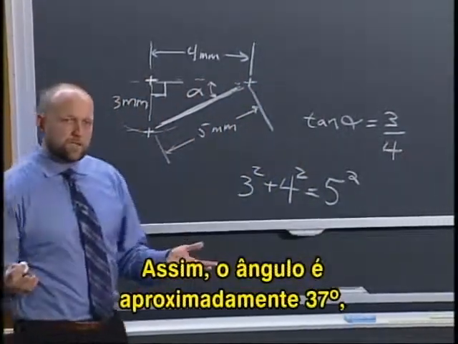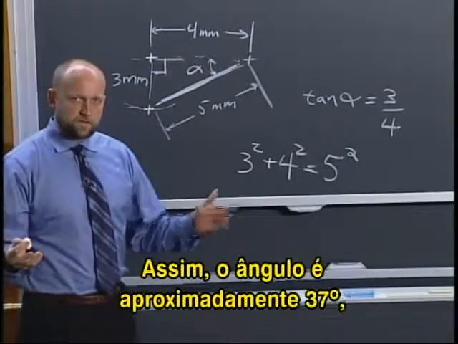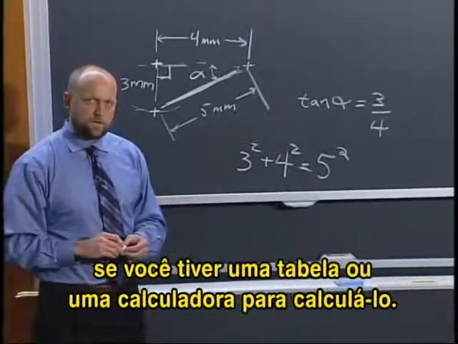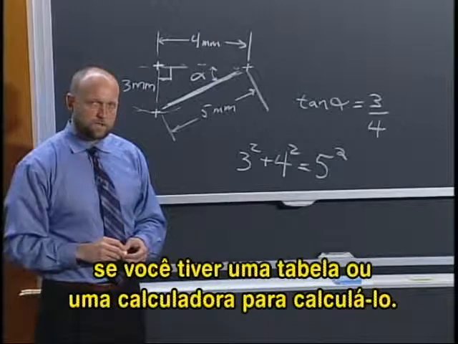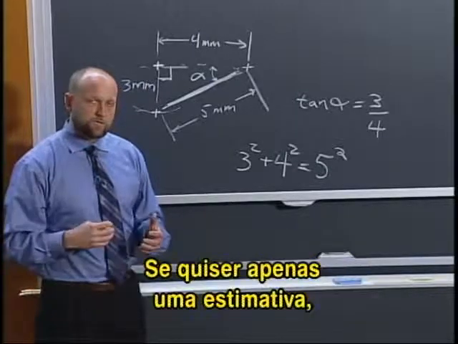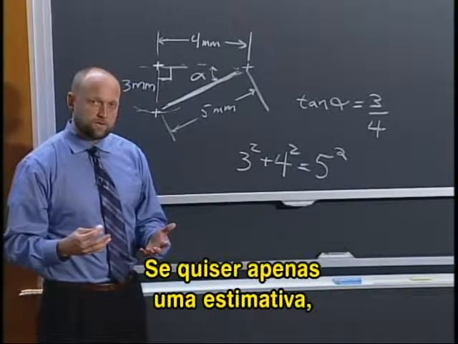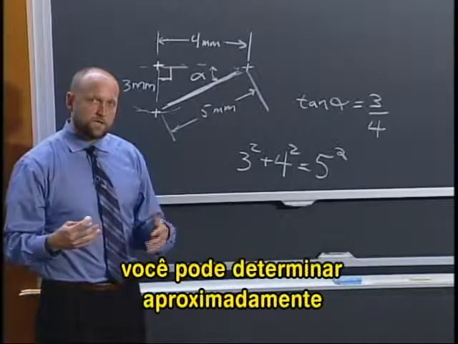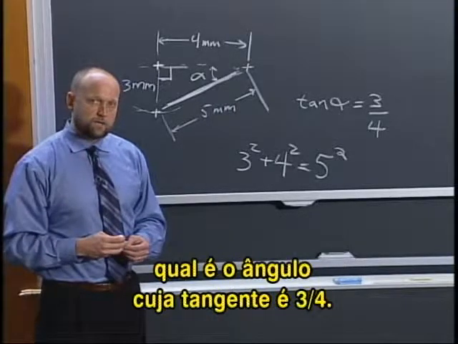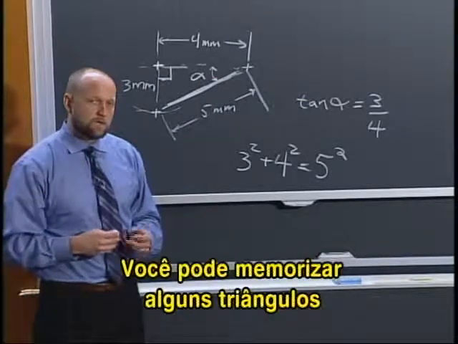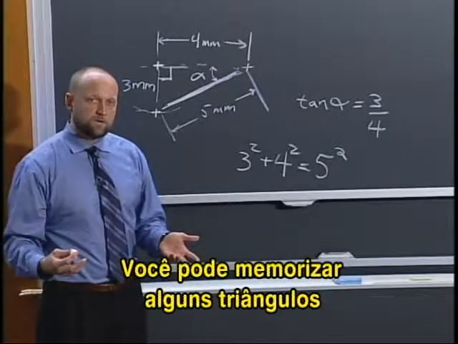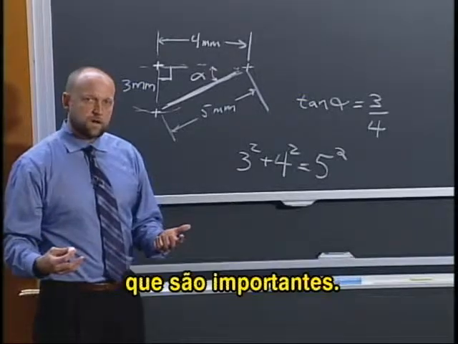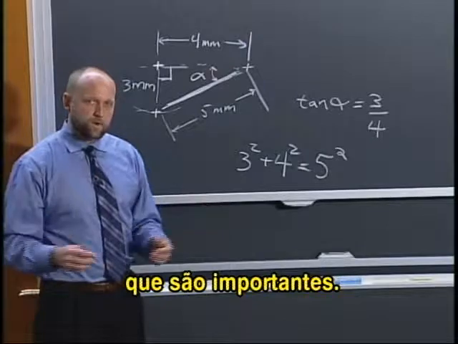Therefore, the angle is roughly 37 degrees if you happen to have a table or a calculator that can make this calculation. If you just want to estimate roughly what angle has a tangent of 3/4, you might try to remember some of the triangles that are important benchmarks.